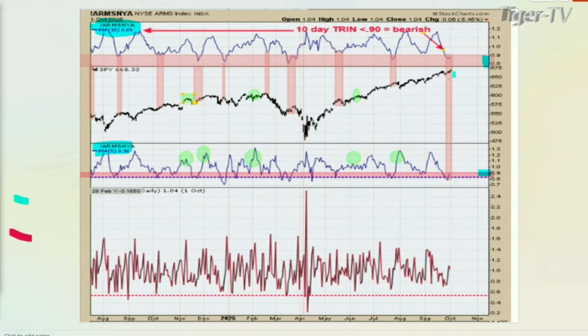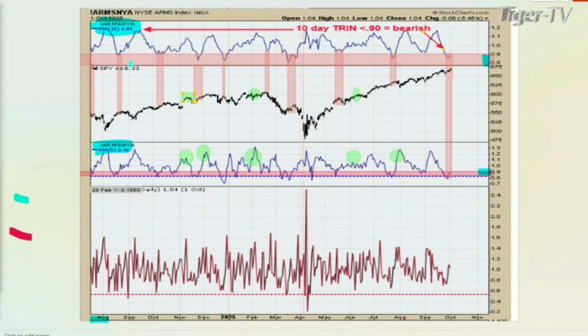This chart goes back close to a year and marks all the times those indicators line up. In general, they warn of a high coming, if they don't pick out the highs over the last several months.